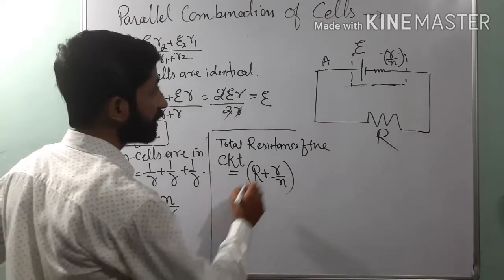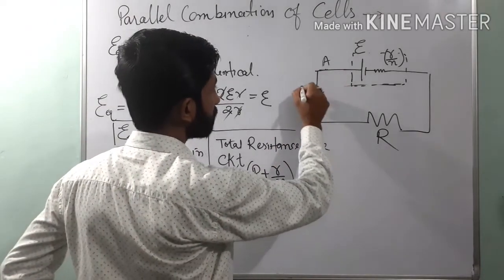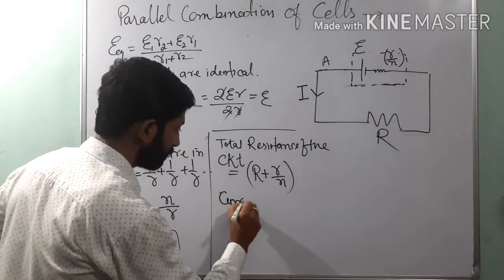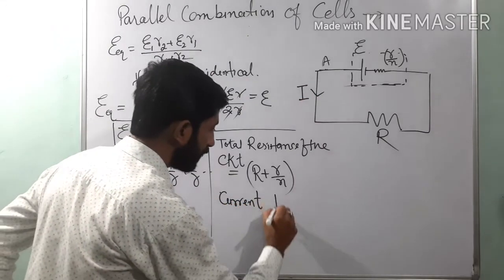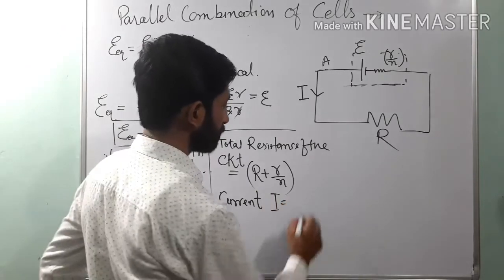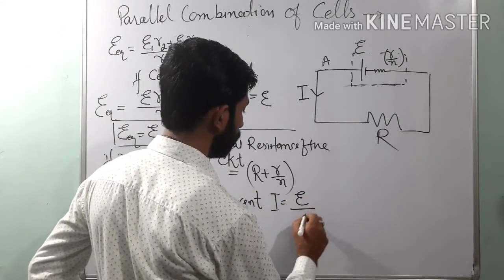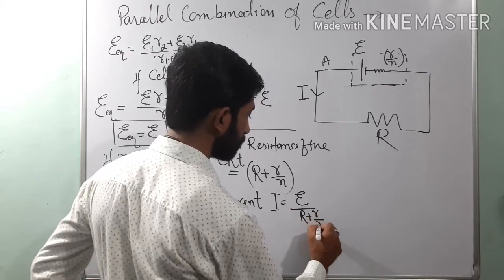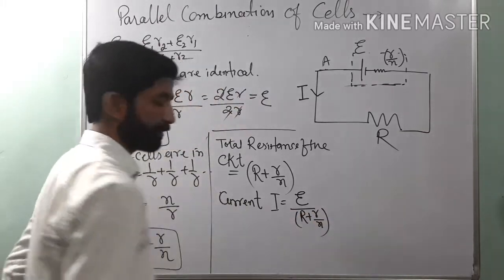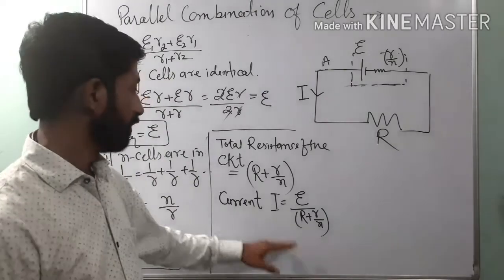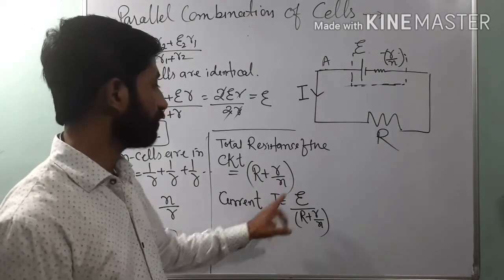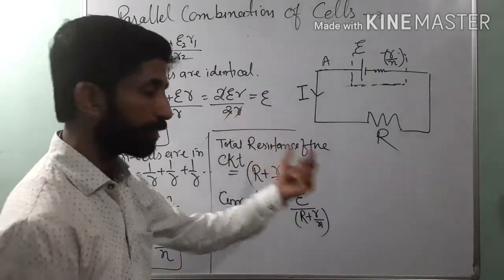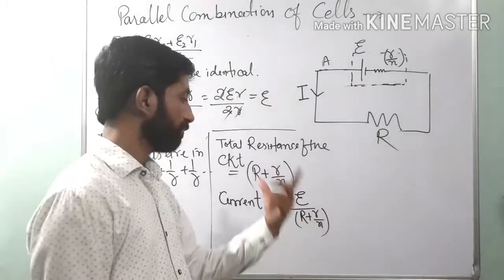Now the current in the circuit, say this is the current, so the current I is given by EMF over R plus, that is, the total resistance. This is very simple. By Ohm's law, current is equal to EMF or potential difference or terminal potential over the total resistance.